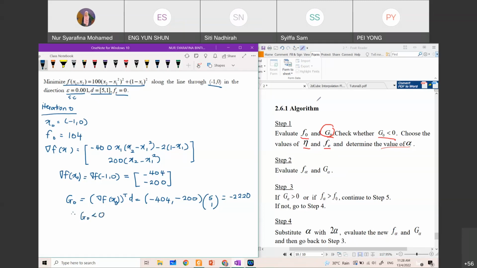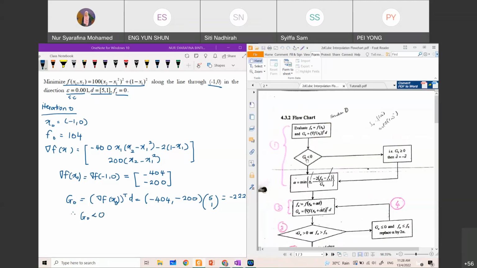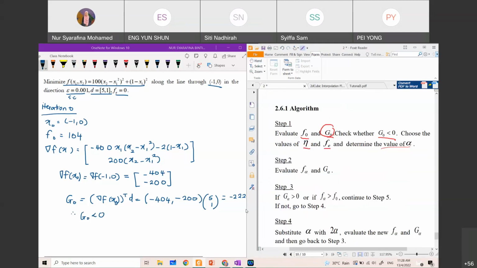So what if g0 is less than 0? Then we can find alpha here. Clear? Understand or not? So how can we find alpha? There is a formula for finding alpha.